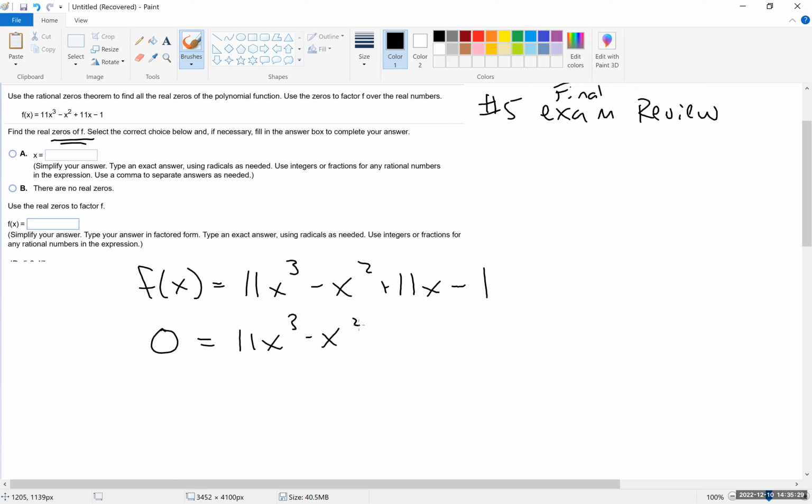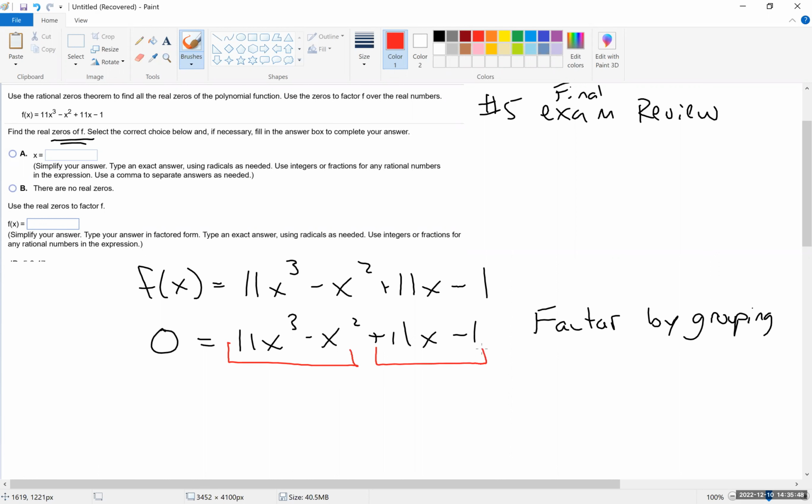Now, the problem on the final exam, like this, will factor by grouping. So what we're going to do is factor by grouping. We are going to group the first 2 terms together, and we're going to group the last 2 terms together. The first 2 terms have an x squared.